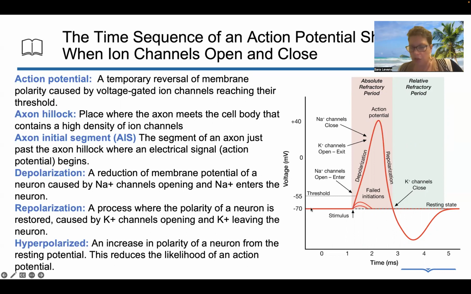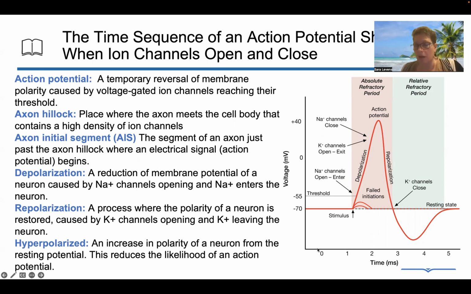So when you're at this -70, but you have sufficient depolarization in the space that's closest to the axon hillock, if you can get it to sufficiently depolarize to -55, then that is the threshold for beginning an action potential. Because at the -55 threshold, you don't even have to go down to 0, you just have to become sufficiently less negative.